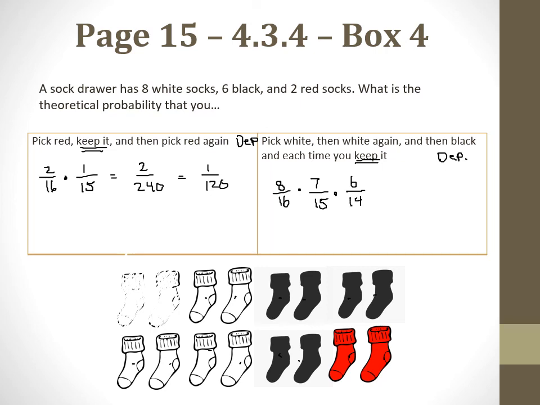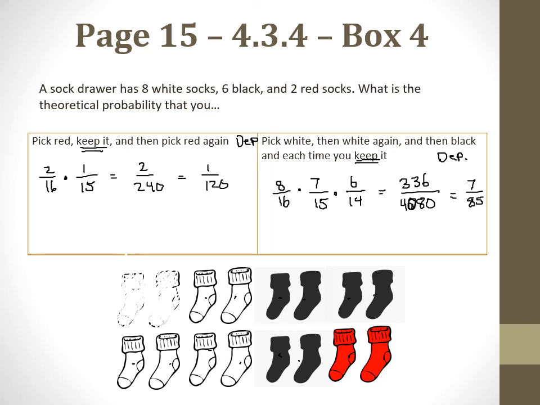So that probability, 8 times 7 times 6, is 336 out of 16 times 15 times 14, which is 4,080. And that simplifies quite a bit. 336 out of 4,080 simplifies down to 7 out of 85. So you have a 7 out of 85 chance of picking white, then white again, and then black.